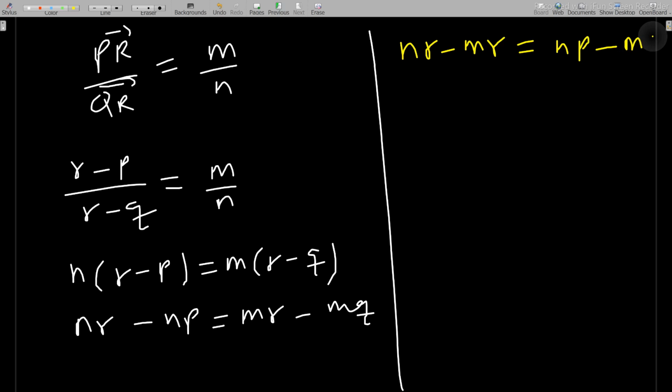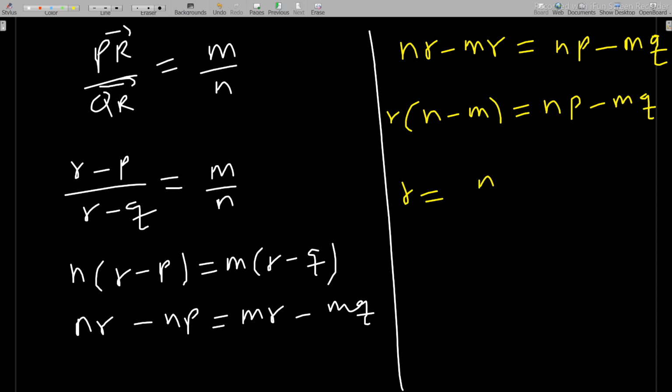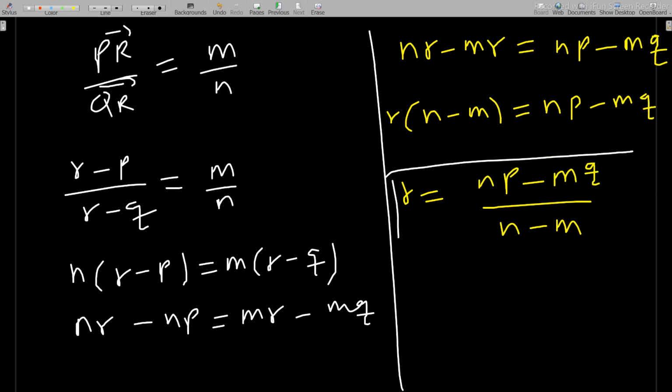So I have my r out, N minus M should be equal to NP minus MQ. So it means I have r equals NP minus MQ over N minus M. This is correct, okay? This is very correct for external division.